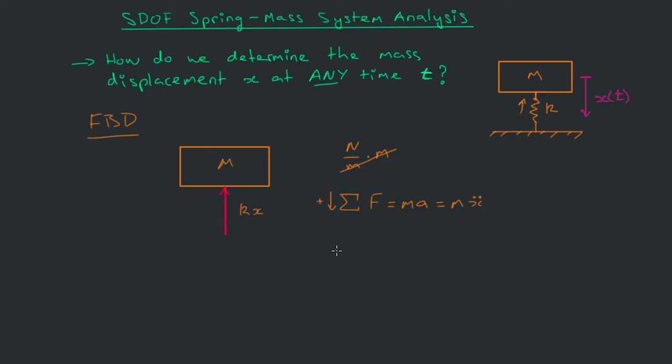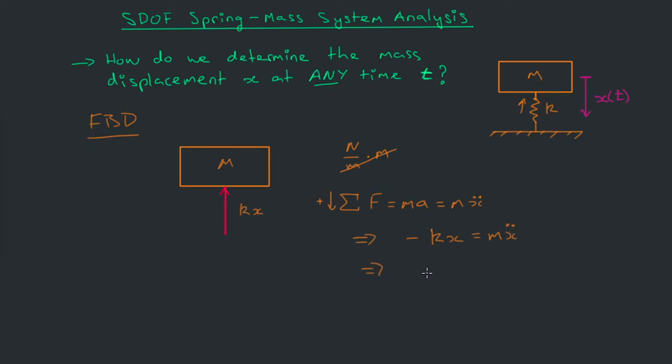I always like to denote that so I don't get confused. Now it's quite simple. We have kx pushing up, so that's going to be negative, because this arrow is going up and the positive direction we've denoted is down. So we've got negative kx is equal to mass times acceleration, x double dot.